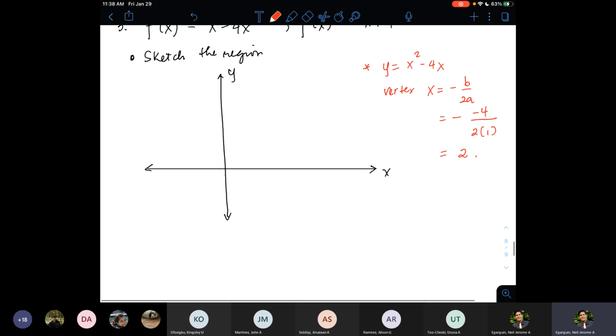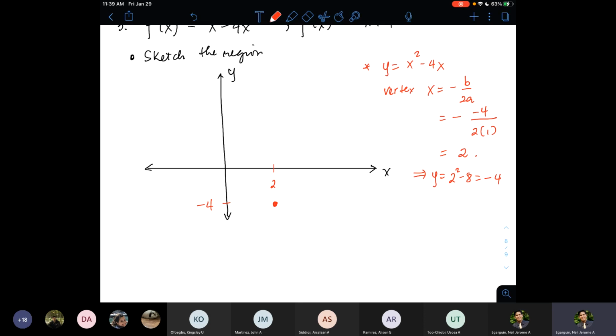Right, so if you remember from algebra, the vertex is almost always the most important point in the parabola, at least insofar as sketching its graph is concerned, because that's the best way to start. And if x is equal to 2, then y is equal to 2 squared minus 8, so that would be negative 4. So the vertex is over here.